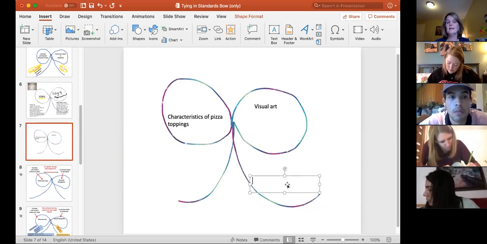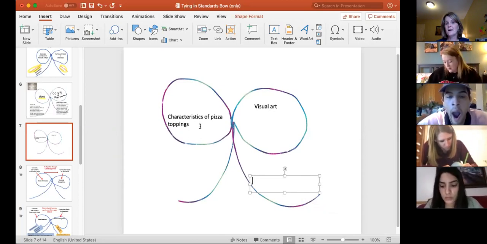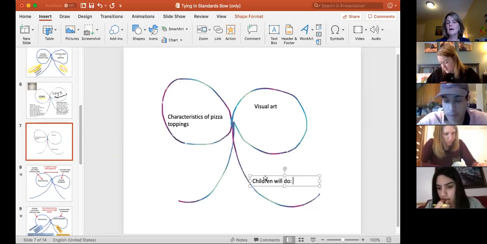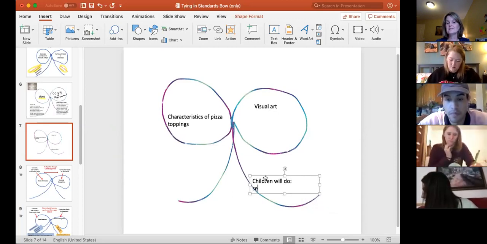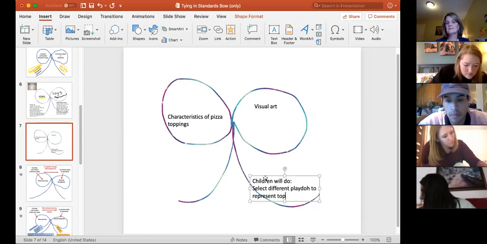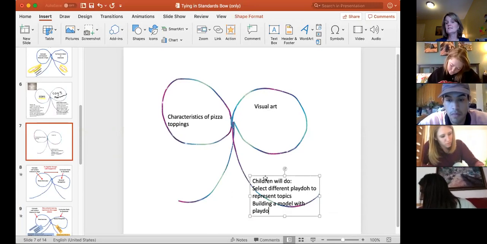So Dina, if you had characteristics of pizza and you're focused on toppings, and then what the children will do, you're having them select different Play-Doh to represent toppings. They're building a model with Play-Doh. You could also have a choice.